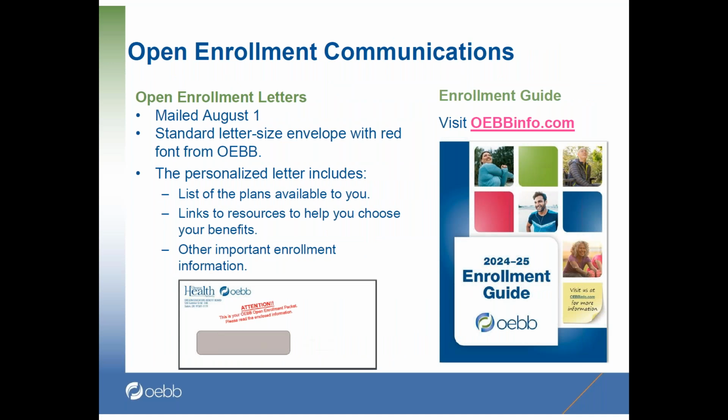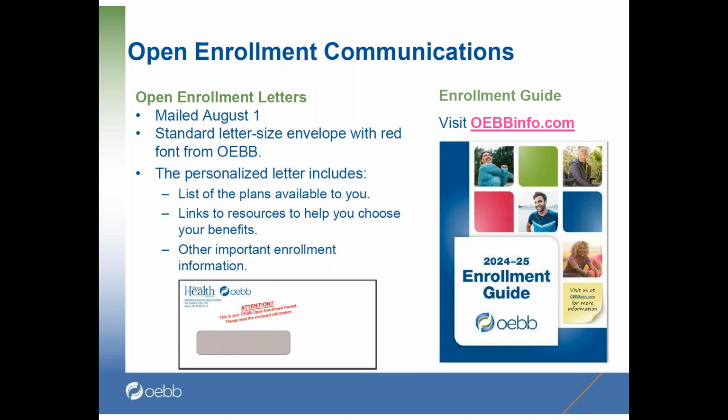We do have some open enrollment communications that you should be receiving in the mail, and we also have them posted on the website. So we have the open enrollment letters. These were mailed out August 1st. You should be receiving them or have already received it. It's a standard letter size envelope with red font from OEB.